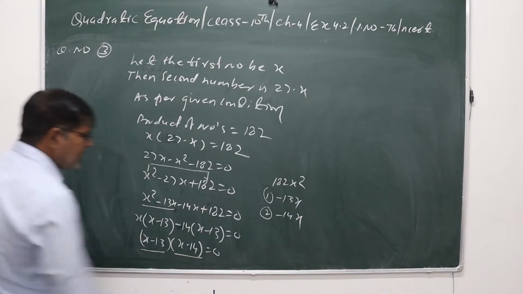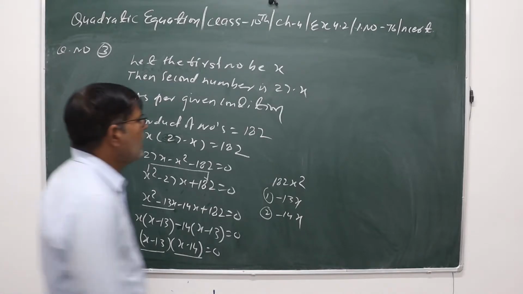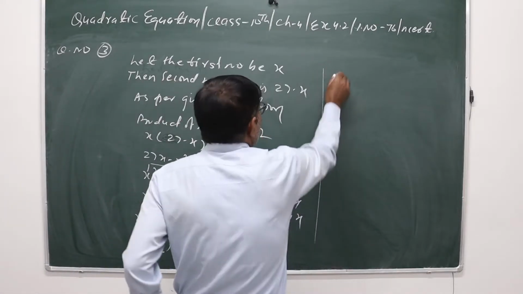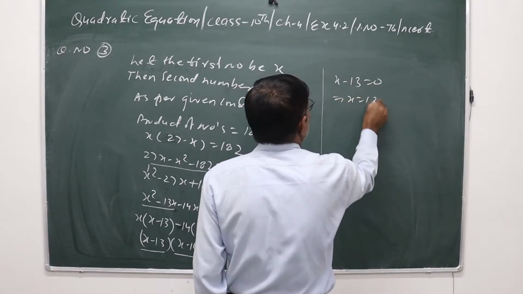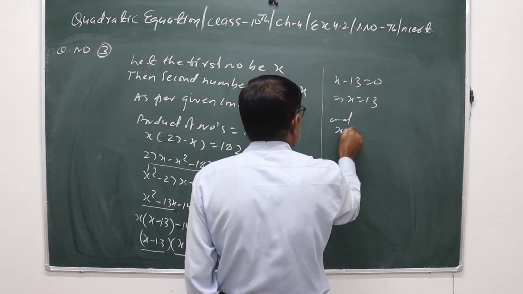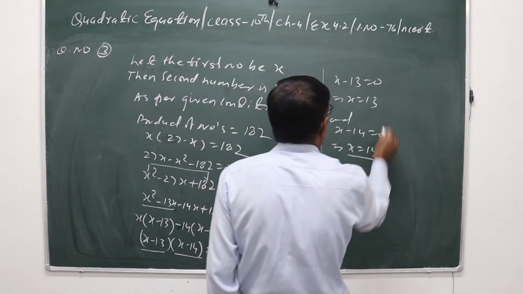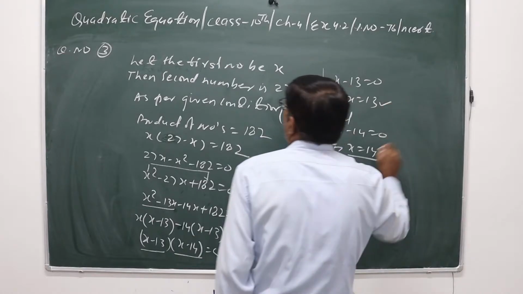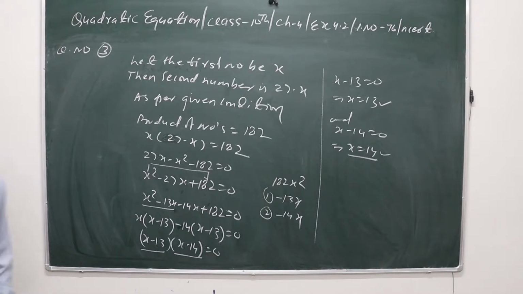Here these are the two factors and the product of these two is equal to 0. So x minus 13 is equal to 0 implies x is equal to 13, and x minus 14 is equal to 0 implies x is equal to 14. So the numbers are 13 and 14. Please pause the video in order.